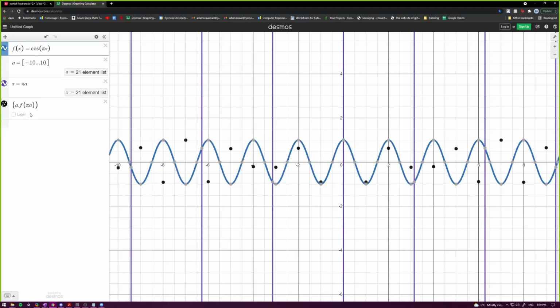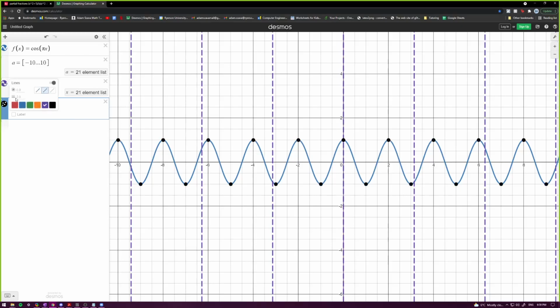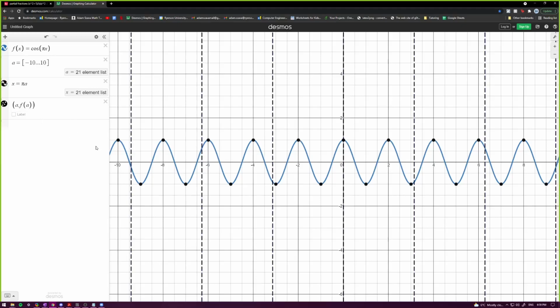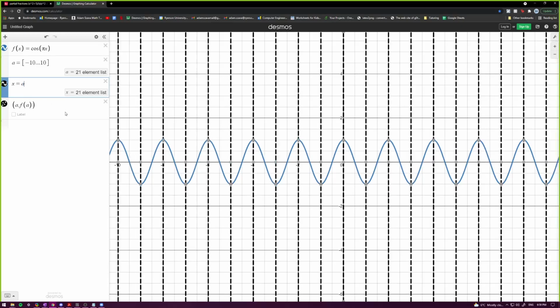I don't know why that changed anything, but it did. Whatever. So I like visualizing things like this, right? Oh, that's not right. I don't know why the vertical lines are not in the right place. They are at x equals n pi. Yeah, okay, that worked that time for some reason.